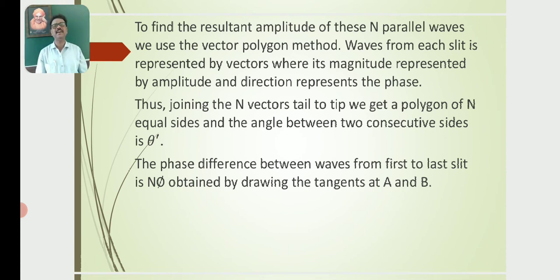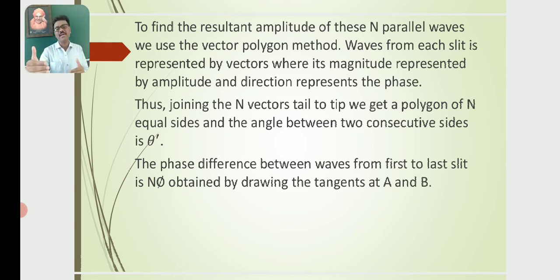Joining the n vectors tail to tip, we get a polygon of n equal sides, and the angle between two consecutive sides is theta dash. The phase difference between waves from the first to the last slit is n phi, where phi is the phase difference between two adjacent waves.